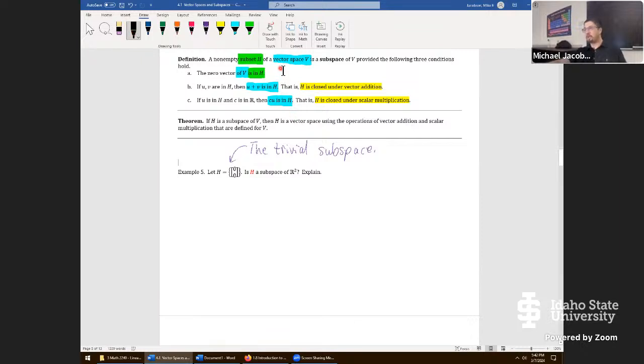And following the color coding is my way of conveying what makes it tricky. On part A, it says the zero vector of V is in H. That means we start part A by doing the following. Let this thing, which would be equal to (0, 0), be the zero vector of V, which in this problem would be the larger space R2 right here.